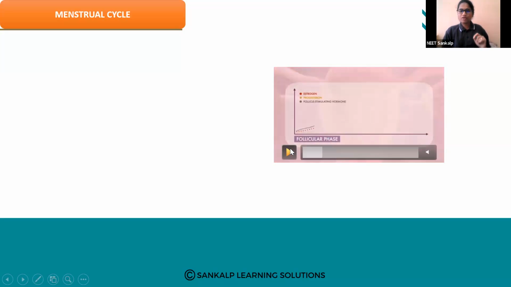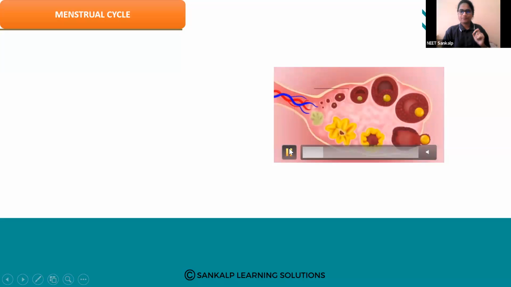So now follicle stimulating hormone is secreted, which is represented by the line. This follicle stimulating hormone initiates the formation of 5 to 20 follicles, as you can see, the follicles in various developmental stages. Estrogen will be released by the follicles.